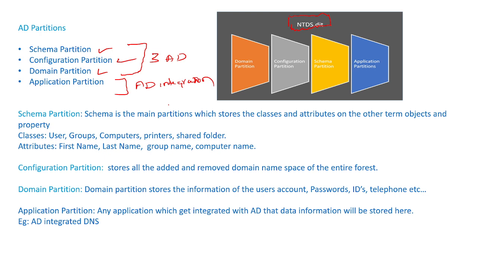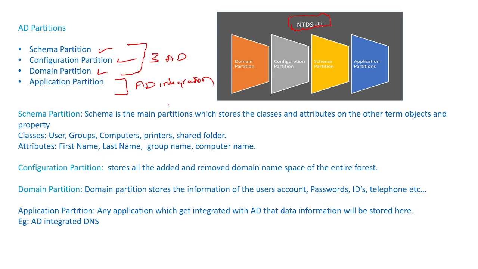So Active Directory will never work without DNS. DNS and Active Directory are like husband and wife. Without Active Directory, DNS will work, but Active Directory will not work without the Domain Name System.